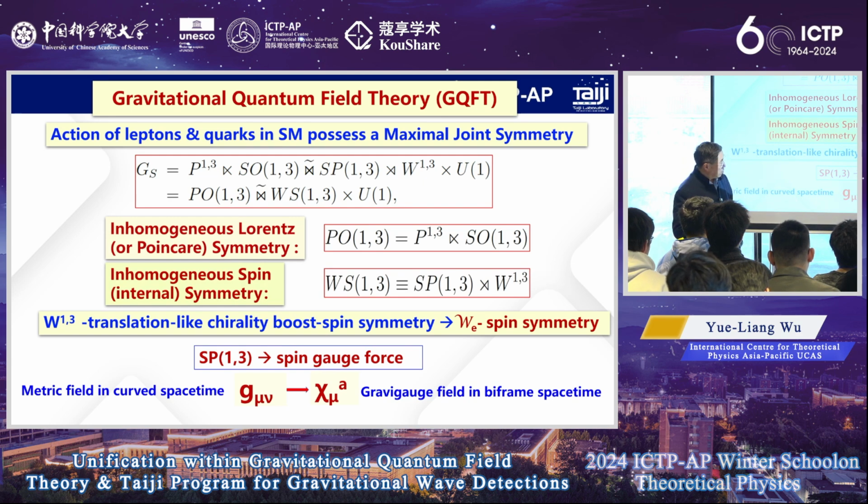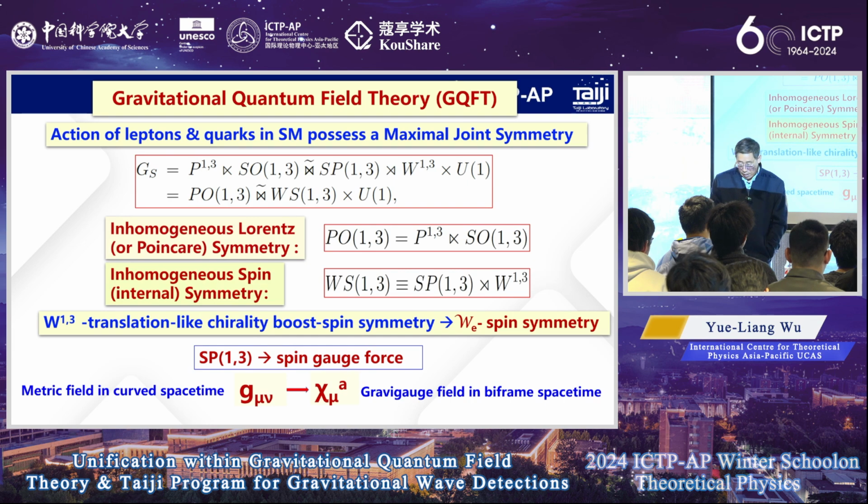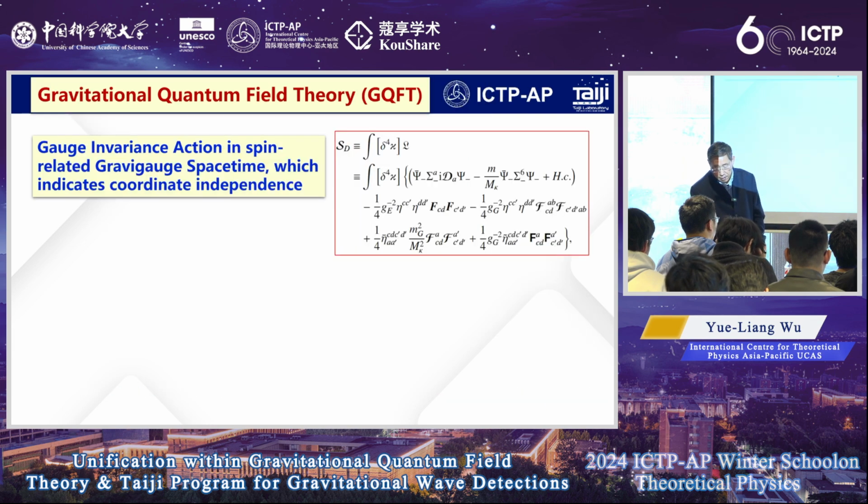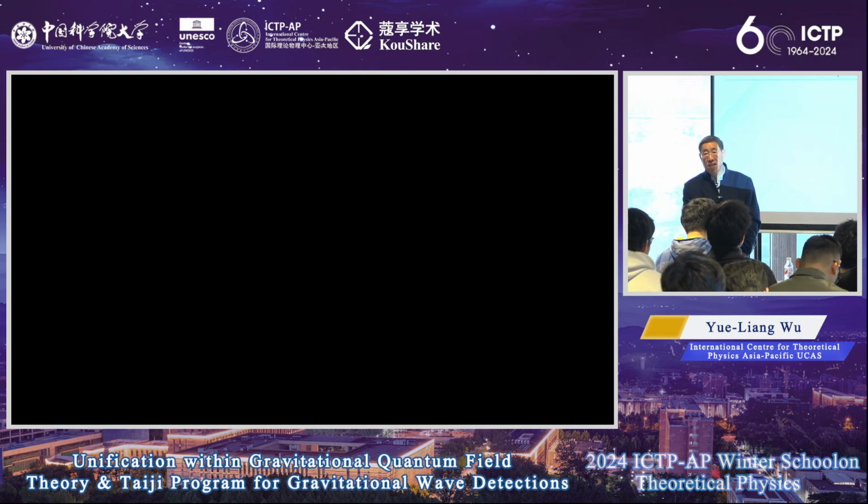So then to separate these two symmetries, we have to introduce this field. So this is for the coordinate space, the Lorentz-Poincare symmetries. In this spin-related spacetime, we have these inhomogeneous spin symmetries. Then we can construct the action, the Lagrangian.